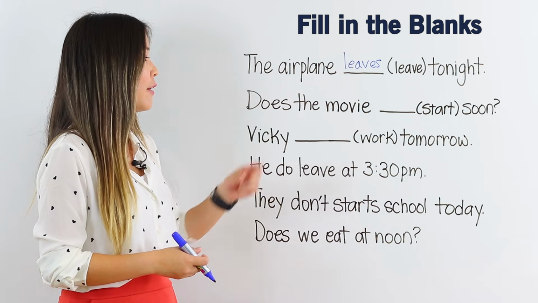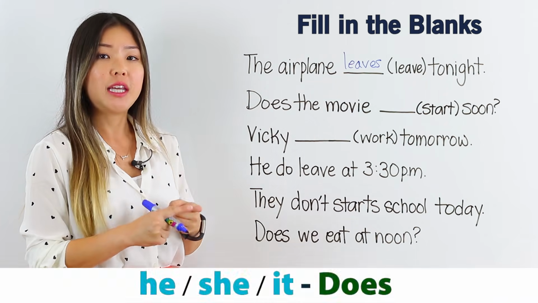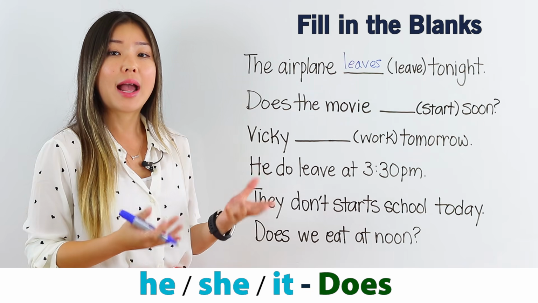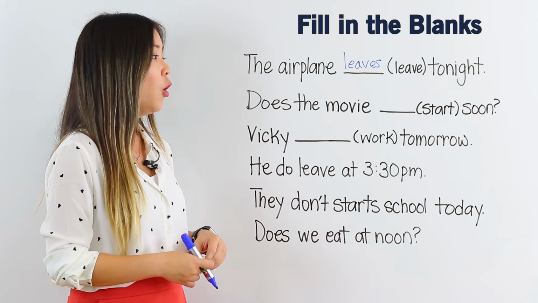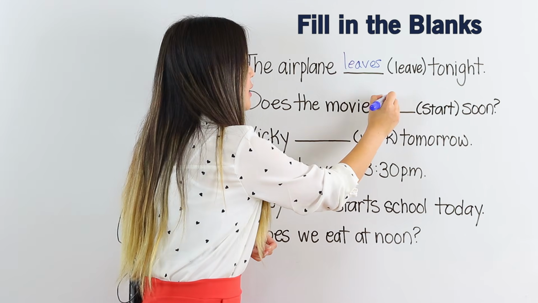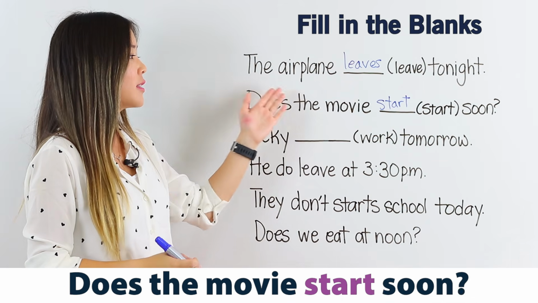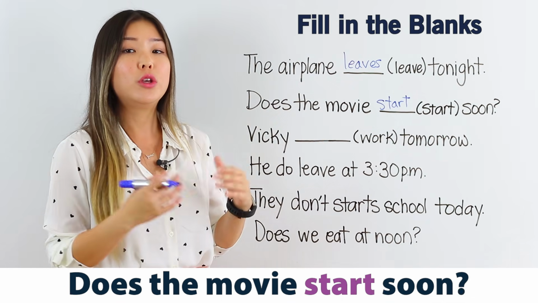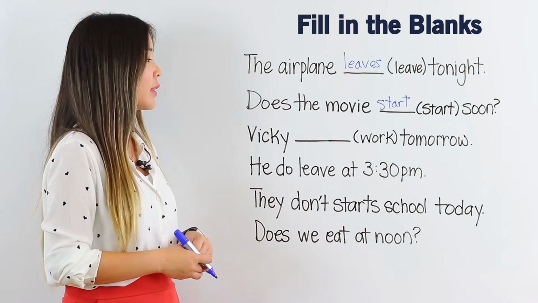So we already have the correct word in the front, does. For he, she, it, when we're asking a question, we use does. Now, all we have to do is use the same verb in its base form. So, does the movie start soon? We do not add an S or ES here.